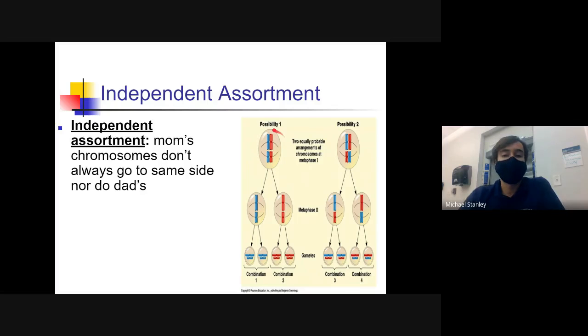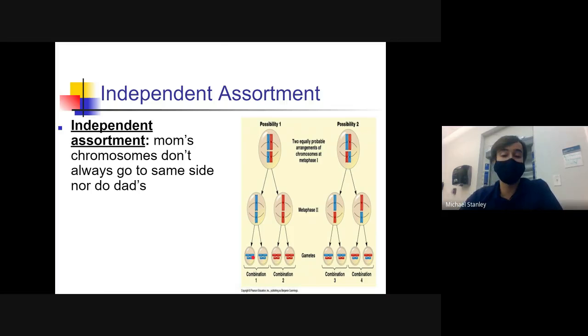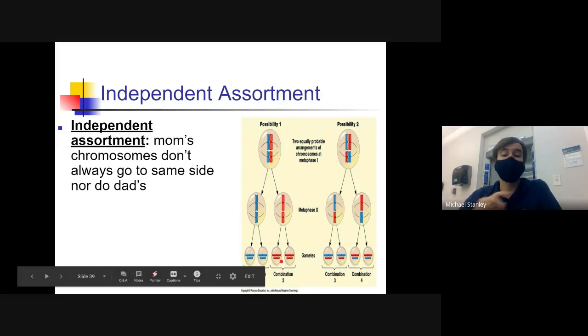So one possibility is that the way that they line up, both of your dad's copies of chromosomes get pulled to one side, and all of your mom's copies of chromosomes get pulled to the other side. So that then when you split again and create the haploid cell, you could end up where half of your cells contain chromosomes that you directly inherited from your dad, and half of your cells could contain chromosomes that you directly inherited from your mom. So that's sort of this first possibility.